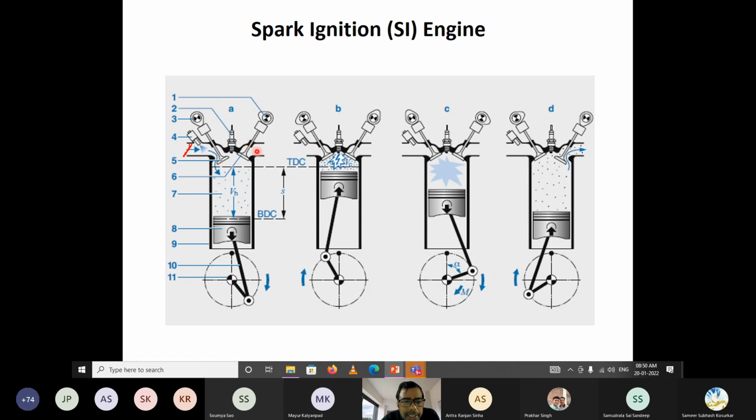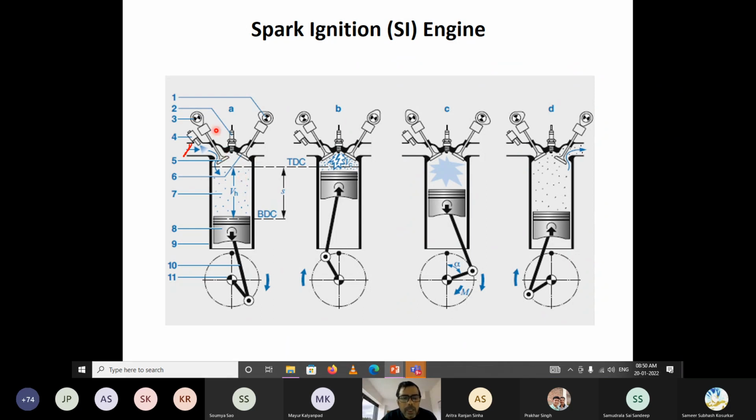So for a certain duration of crank angle, both valves, intake valve and exhaust valve, are simultaneously in open condition, and the condition in which the intake and exhaust are both open is called the valve overlap period. That is only for a certain duration.